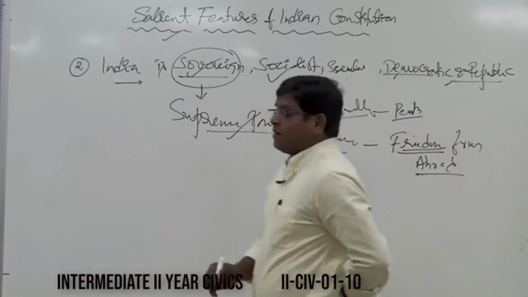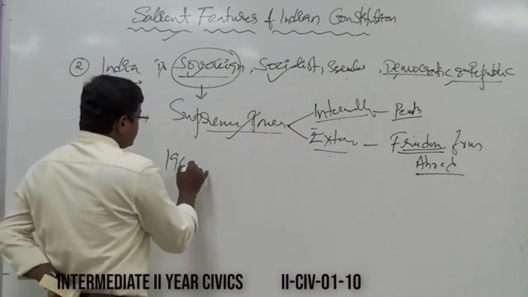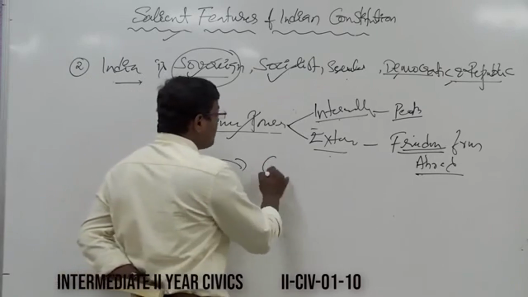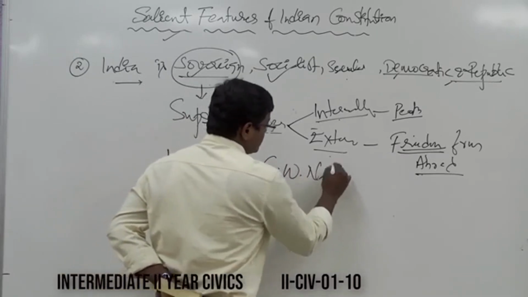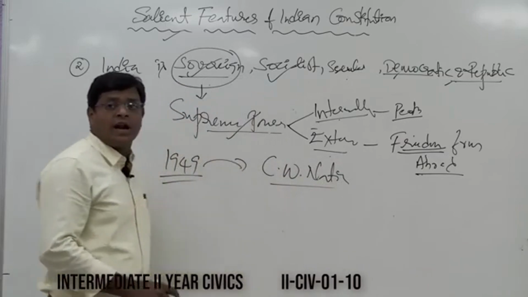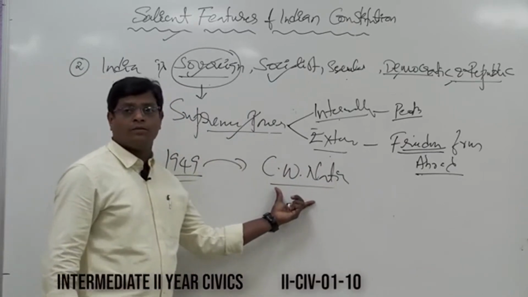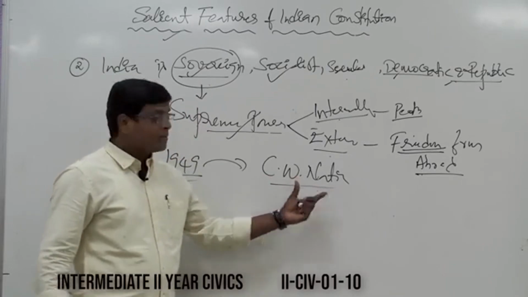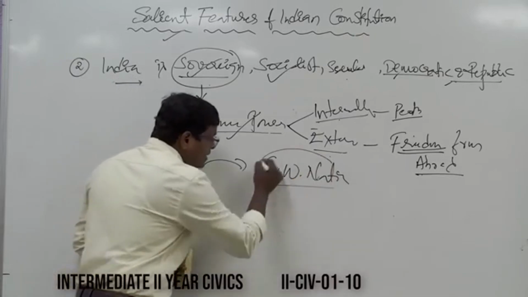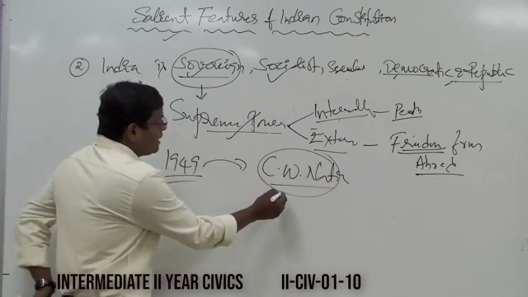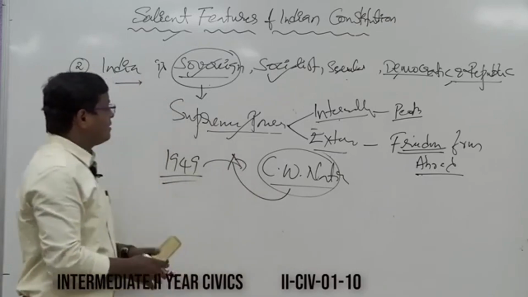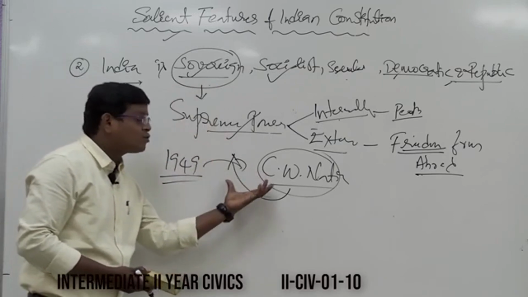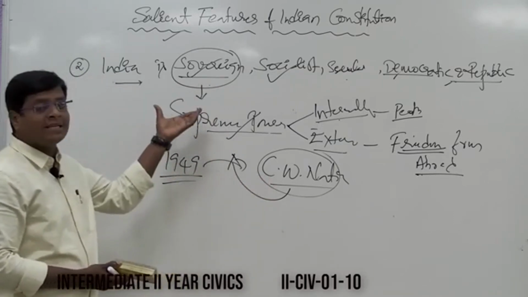For example, in the year 1949, India took membership in the Commonwealth nations. These are the nations which were under British colonial rule, and the head of the Commonwealth nations is the British Queen. So we took membership in the Commonwealth nations, but it did not reduce the supreme power of the Indian government. It was an extra-constitutional decision made by the government of India.